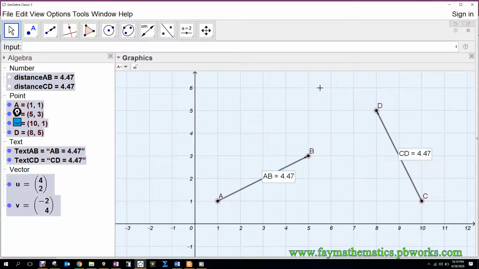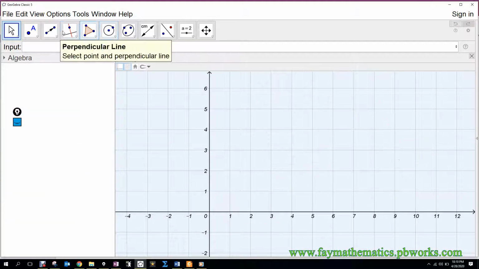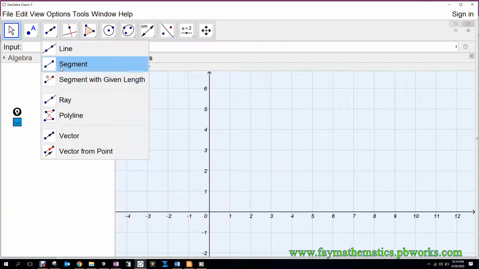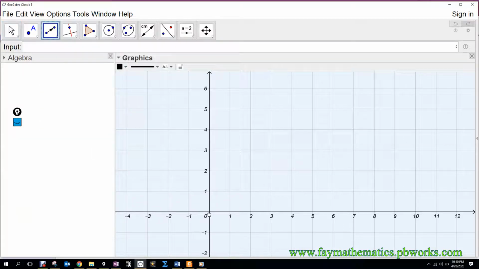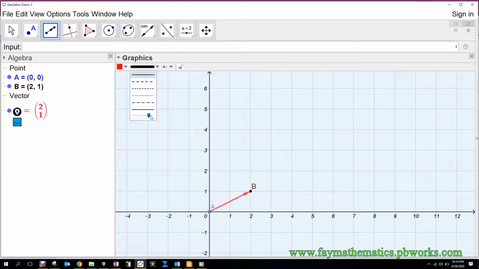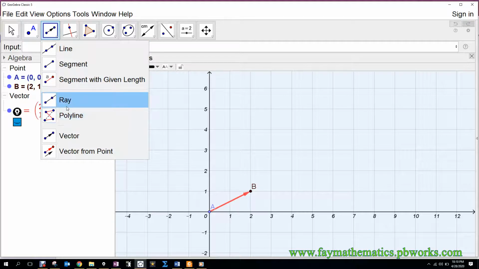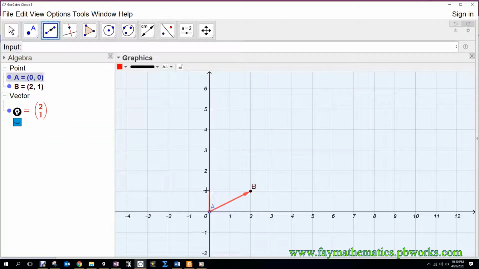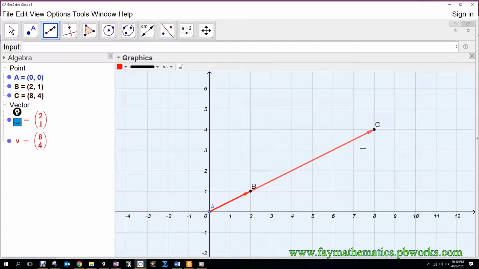For the same logic, you could have two vectors. Let's say I've got a vector here. I'll make it red, make it a little bit bigger. That vector. And then let's say we've got, let's go out to 8, 4.